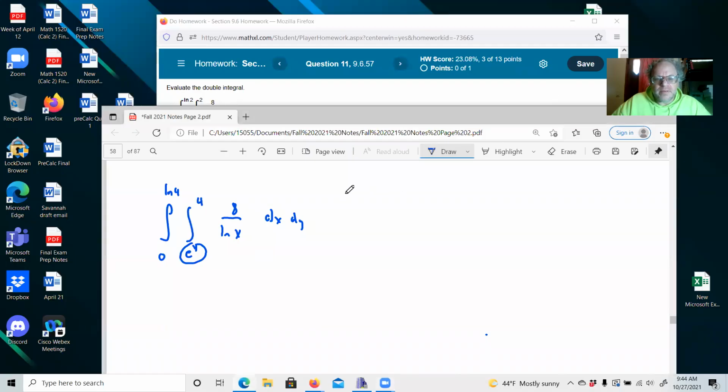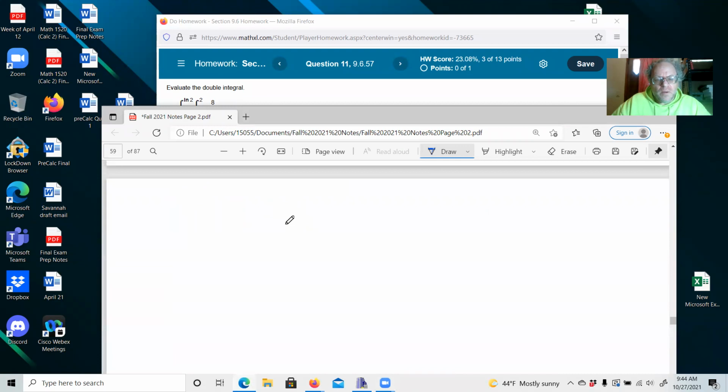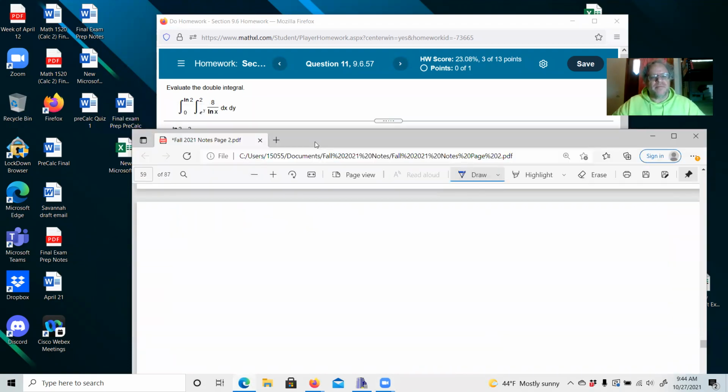All right, so what we're going to do here is take a look at this problem. This is a little tricky. 0 to ln 2, we have e to the y to 2 of 8 over ln x dx dy.